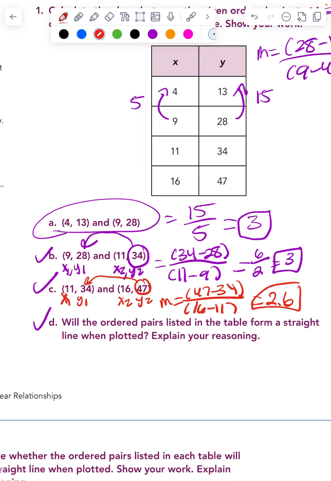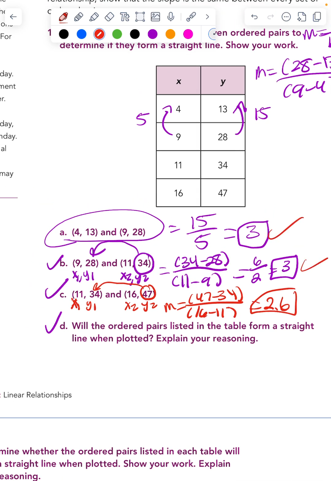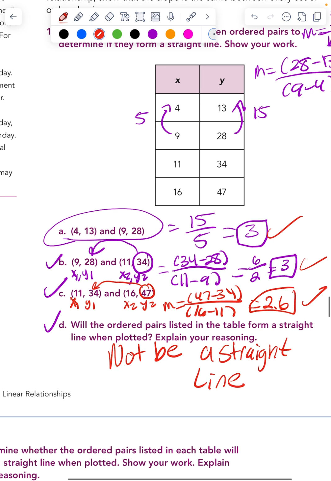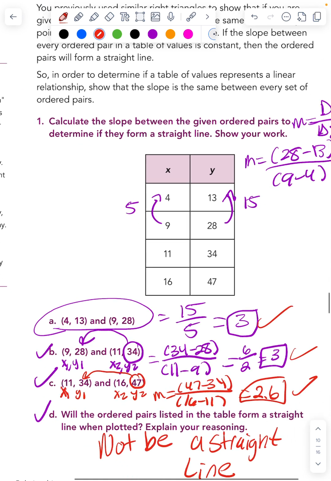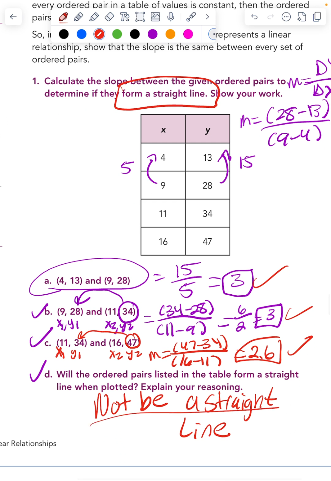Now I can see that these 3 slopes are not the same, so it will not be a straight line. So if I ask you on your test next Wednesday if they form a straight line, you need to make sure you say no, because you don't have a constant rate, okay?